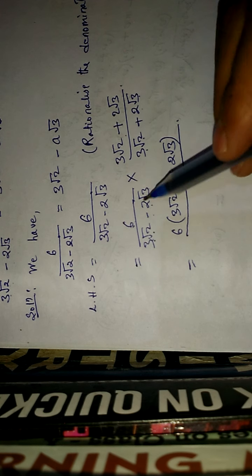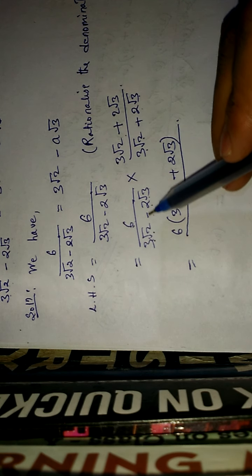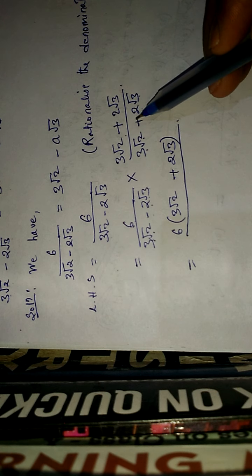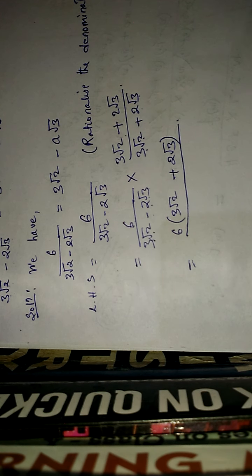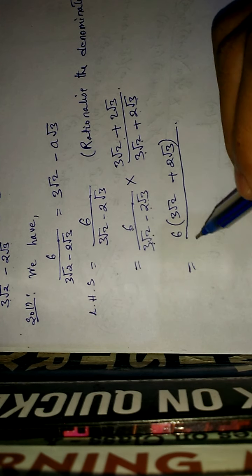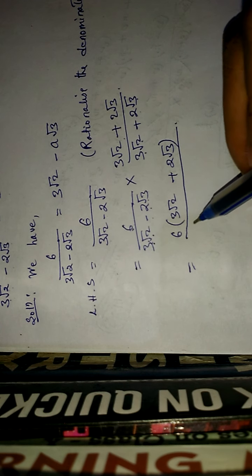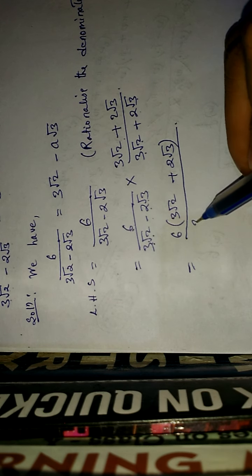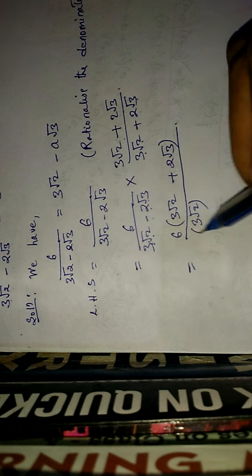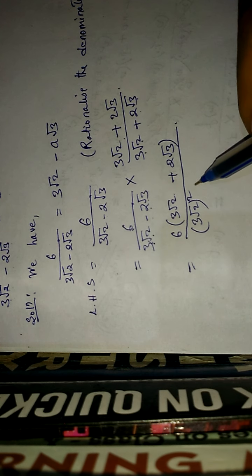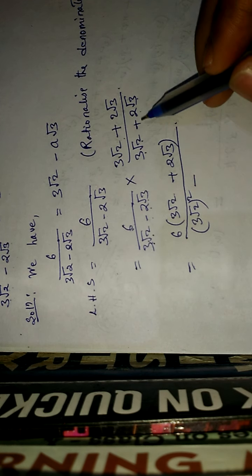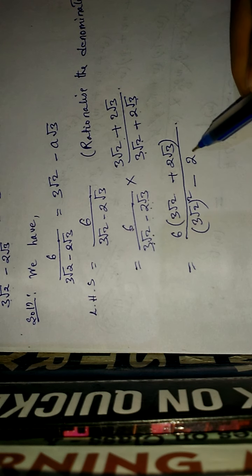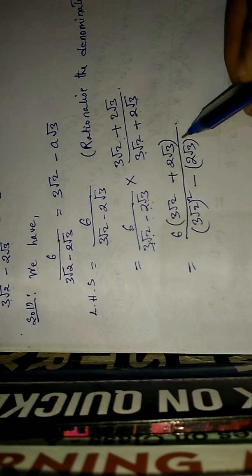So we can form a formula out of this. How? 3 root 2 will be squared, then minus, then 2 root 3 squared.